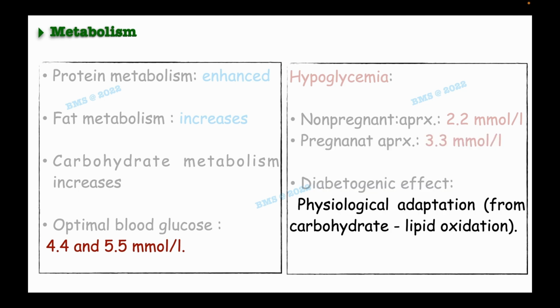And so the diabetogenic effect of pregnancy is a normal physiological adaptation, which requires a shift of the maternal energy source from carbohydrate to fat.